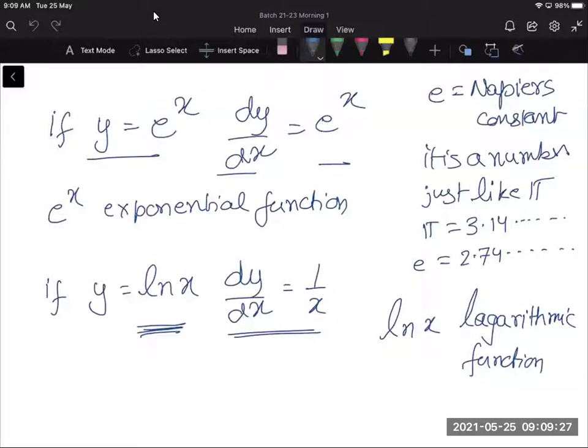So before we move further, I would like to just talk about the exponential and the logarithmic function, and then we'll come on to the major part of calculus.